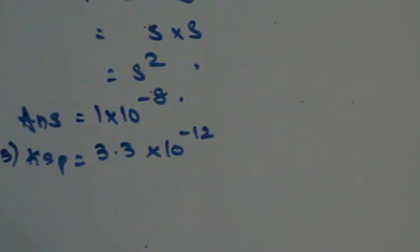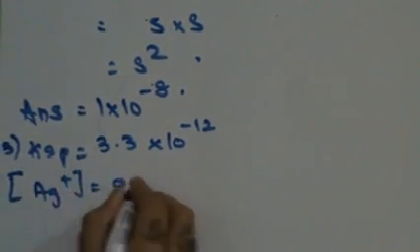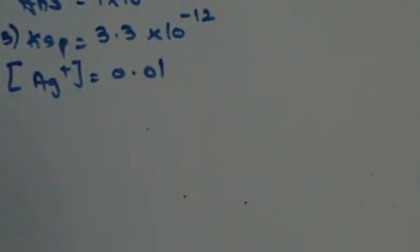What concentration of bromide ions is needed to precipitate silver bromide from a solution of 0.01 molar silver?